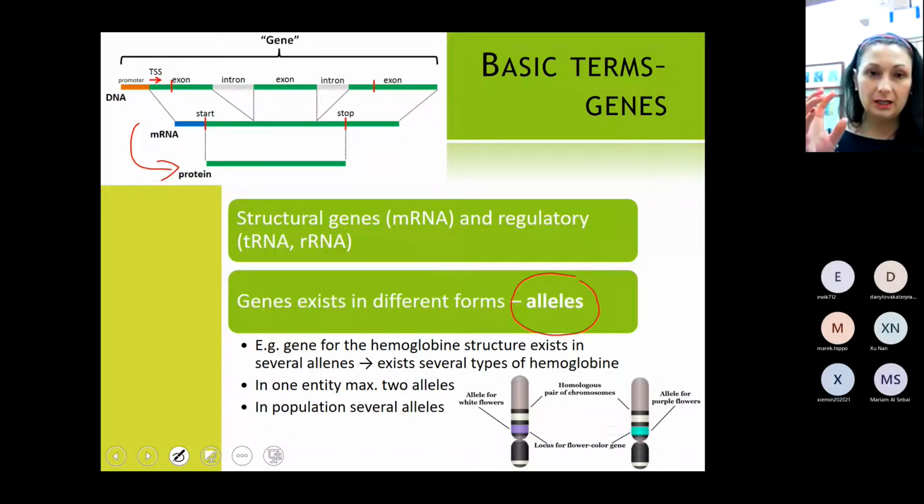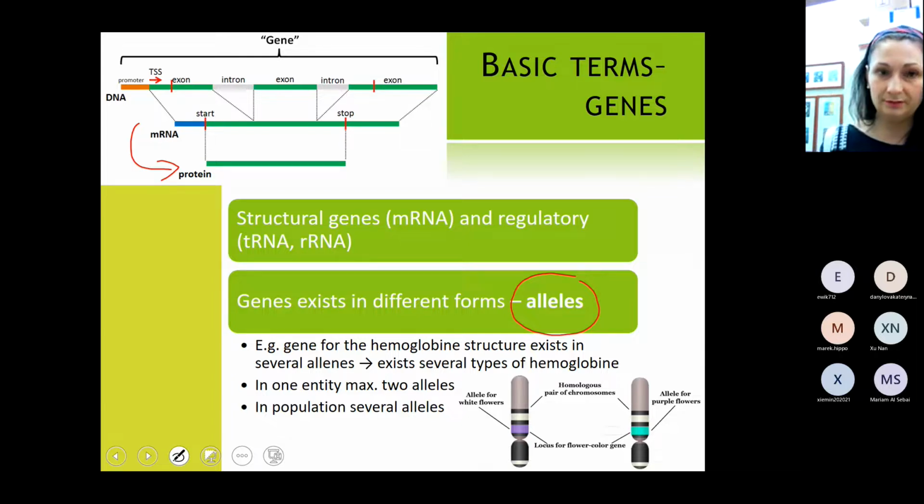It's the same part of DNA, so it means that it's the same recipe how to cook hemoglobin. However, the gene coming from your father could be slightly different than the recipe coming from your mother.